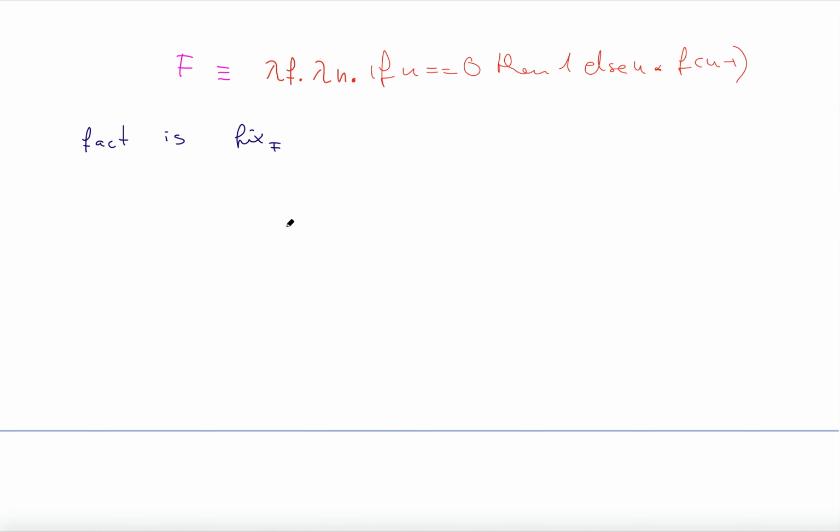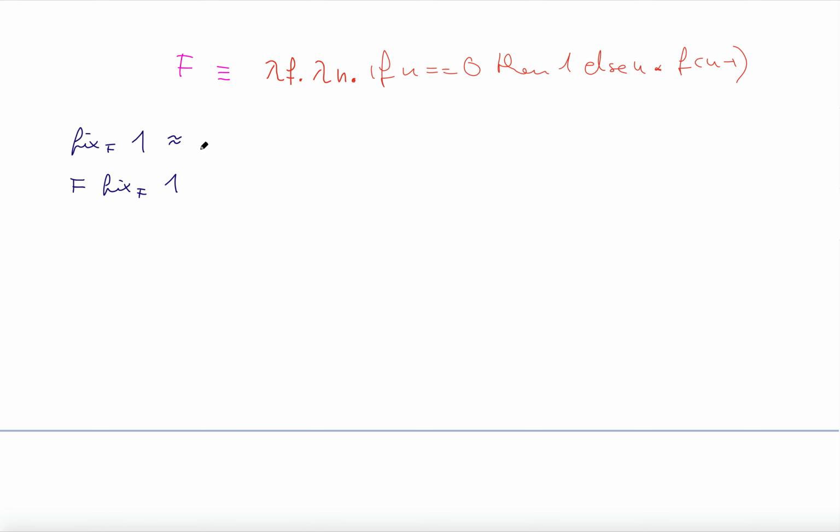So in order to compute factorial of 1, we compute fix f of 1. Okay, so how do we compute this? We need to use the operational semantics of the fixed point combinator. And if you remember from the top of the notes here, this was just f applied to fix f. And then 1 is our argument.